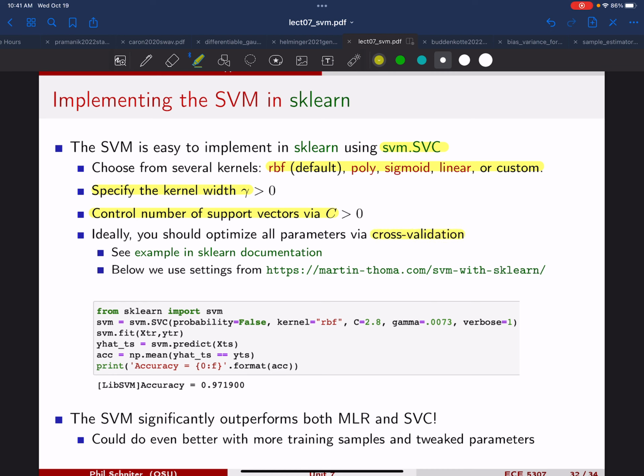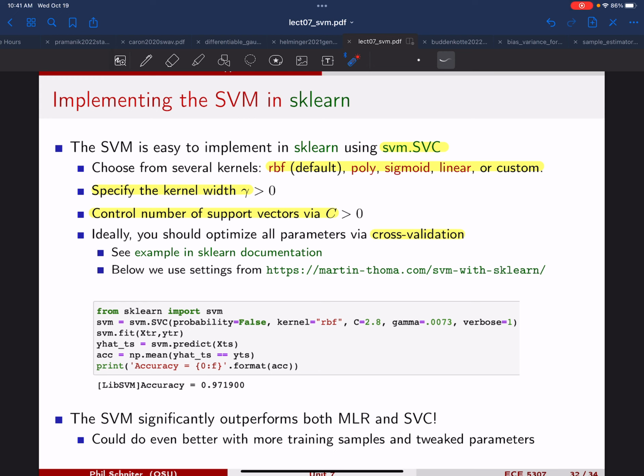Now, it is a bit expensive to do this because essentially you have to build a two-dimensional grid of all the possible combinations of gamma and C that you want to test, and then search over that grid. The SVC is not nearly as fast as linear regression, and so it takes a little while to run, so you have to be a bit patient.